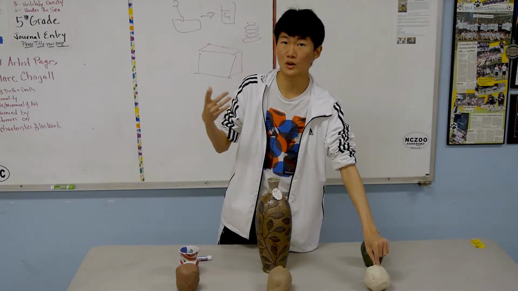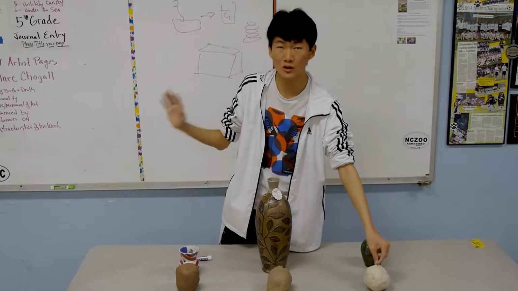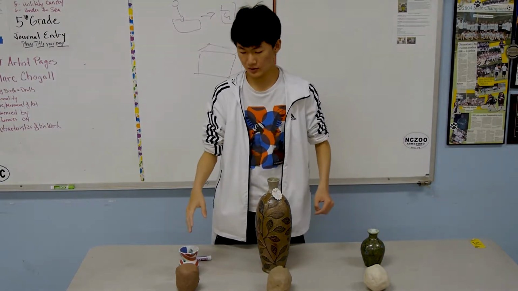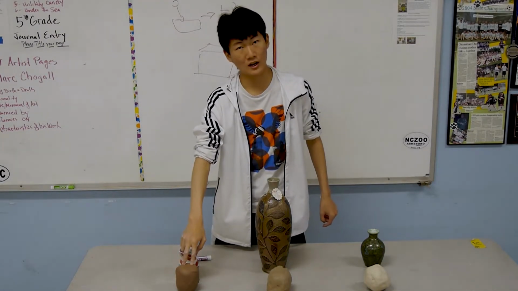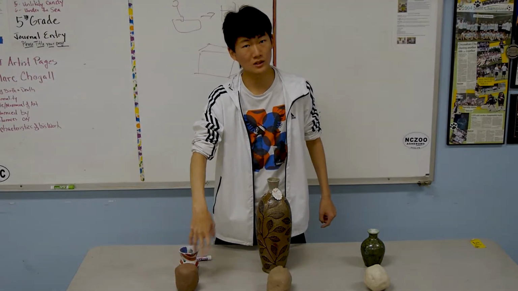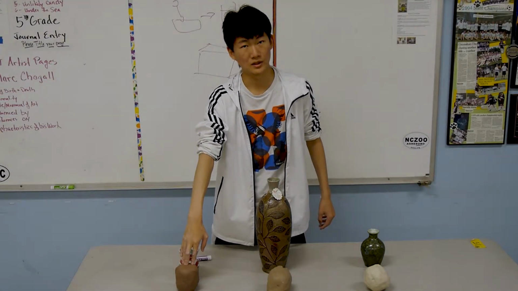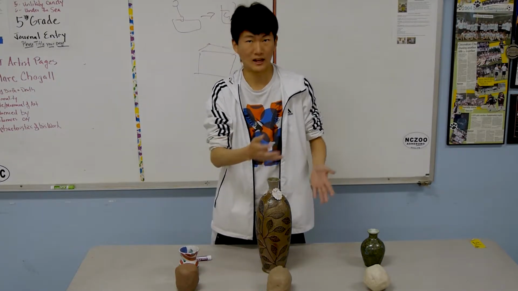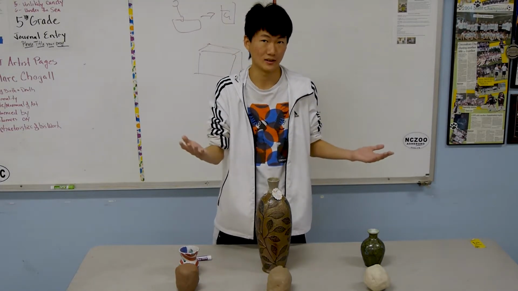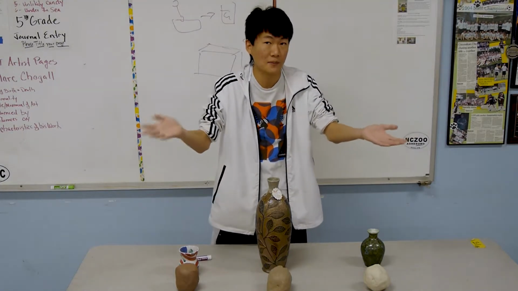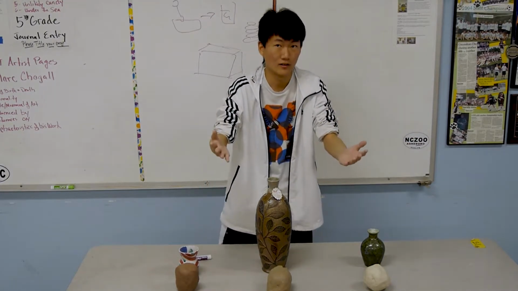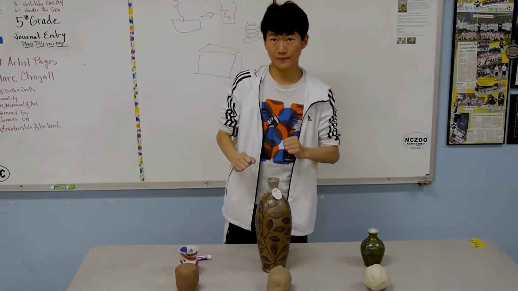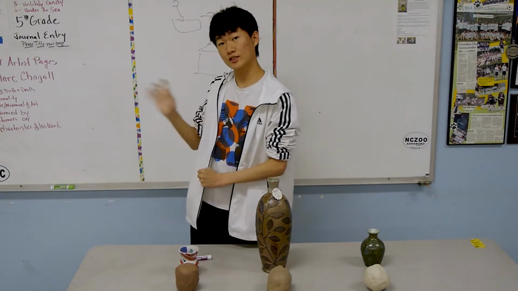So cone 10 is about 2300-ish, and earthenware is cone 4, which is 1700. So it's not a big gap, but cones is what people like to talk about, because we have to be fancy. Of course, you gotta be fancy. It's art. All right, let's move on to the third segment.